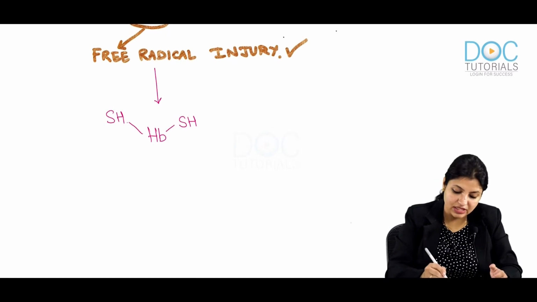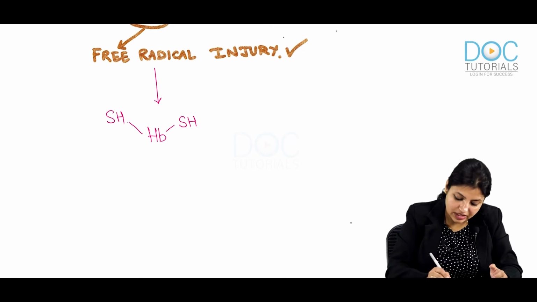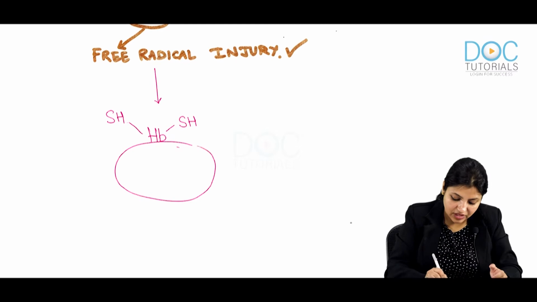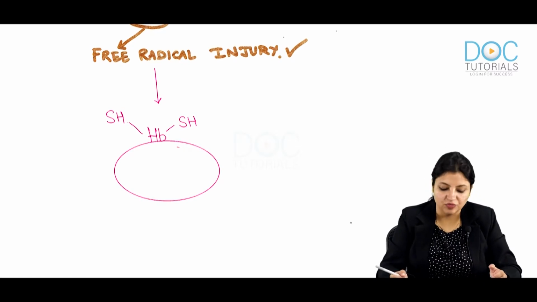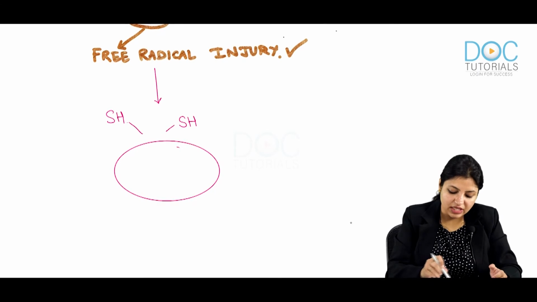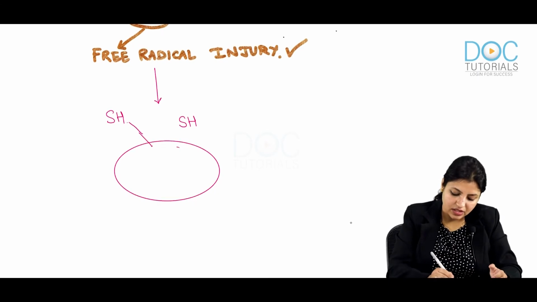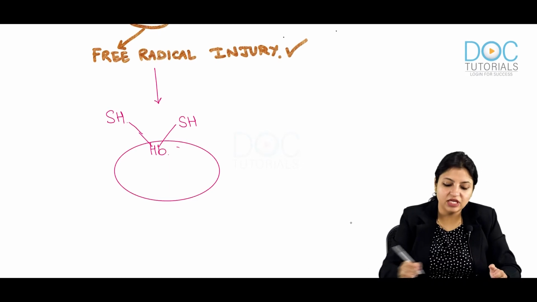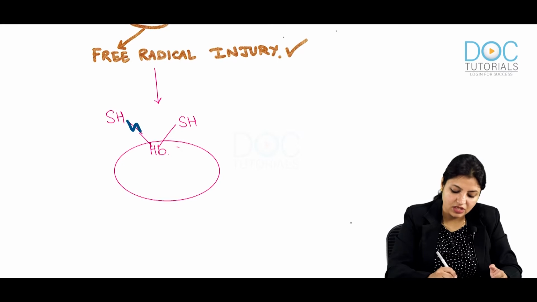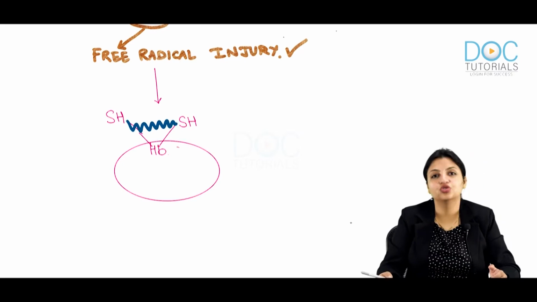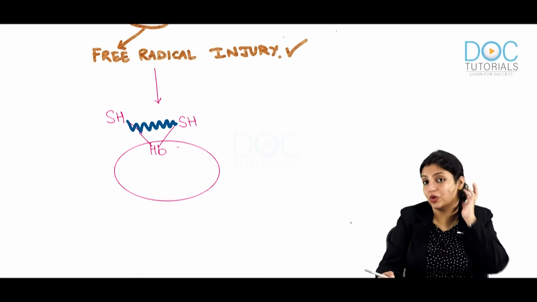So this is the red cell, and the red cell has hemoglobin, and hemoglobin has sulfhydryl groups, isn't it? So let's go inside. Hemoglobin has sulfhydryl groups. If there is an increase in free radicals, these sulfhydryl groups are going to join with each other.